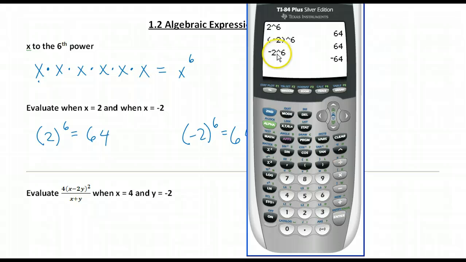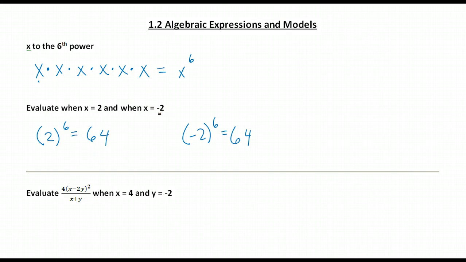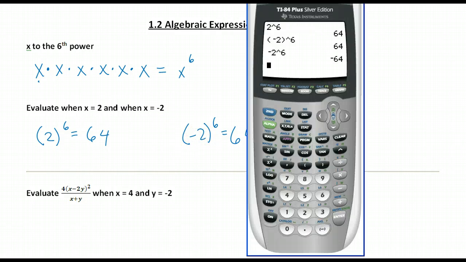So your calculator will take 2 to the 6th power, and then it will take multiplication, the opposite of that answer. We want to evaluate when x is negative 2. So we want to make sure that negative 2 gets put into parentheses. 64 is the correct answer.